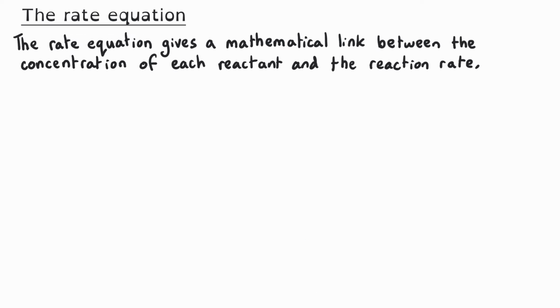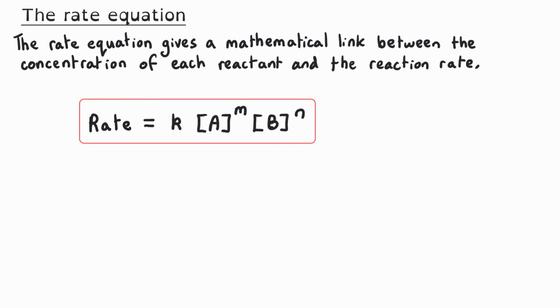The rate equation will give a mathematical link between the concentration of each reactant and the reaction rate. The rate equation will typically look something like this: rate of reaction equals k multiplied by [A] raised to the power of m, [B] raised to the power of n.